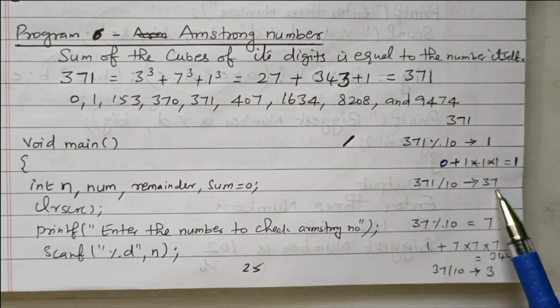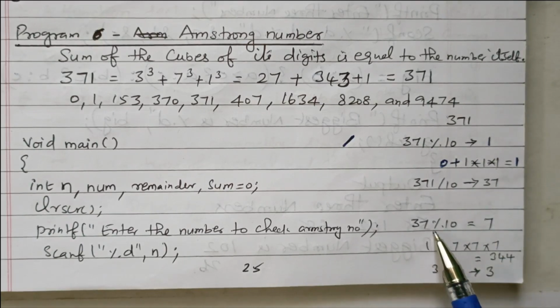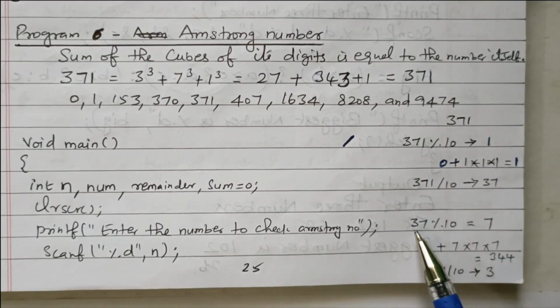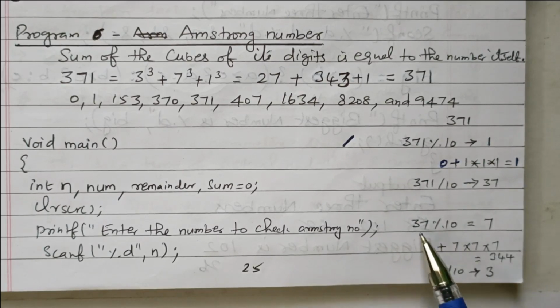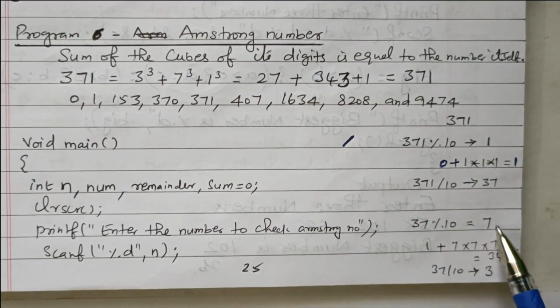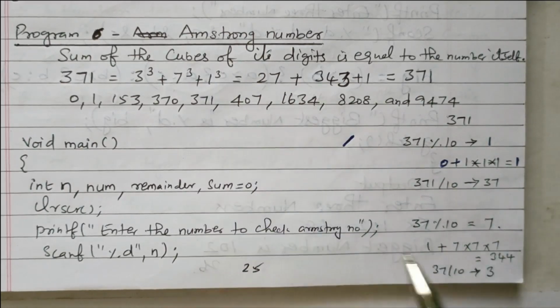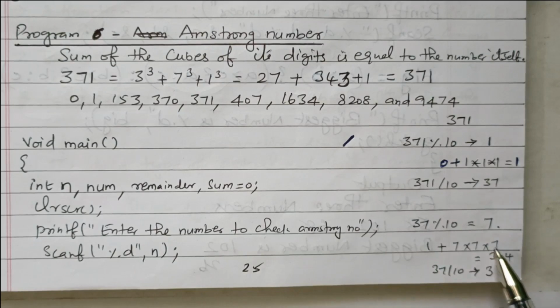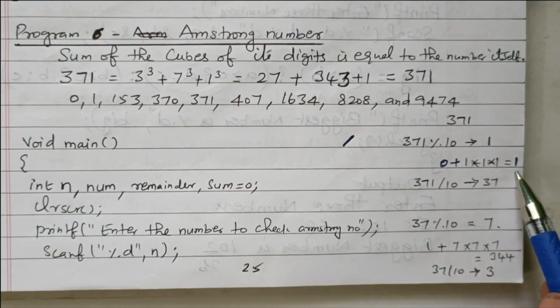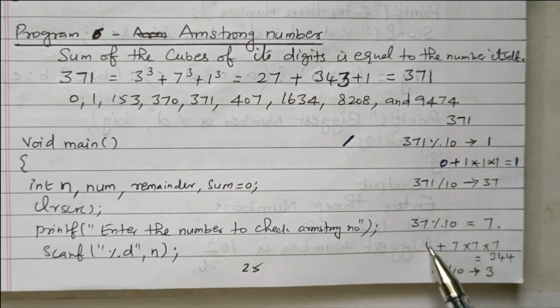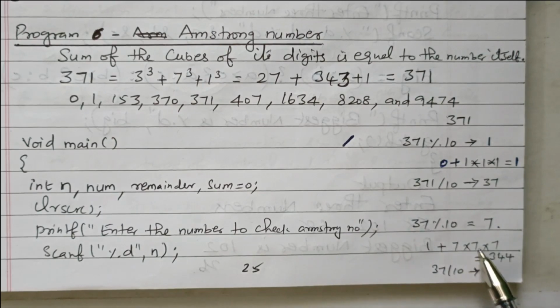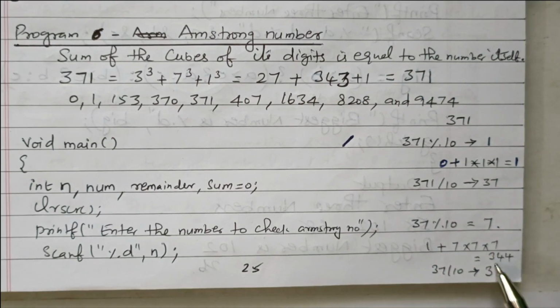We need to extract this 7, so use modulo division by 10. 37 modulo 10 means it goes 3 times, and the remainder is 7. Right. So for that remainder 7, we make the cube, 7 into 7 into 7, which is 343. That should be added with the already available value, 1. So 1 plus 343 is 344.